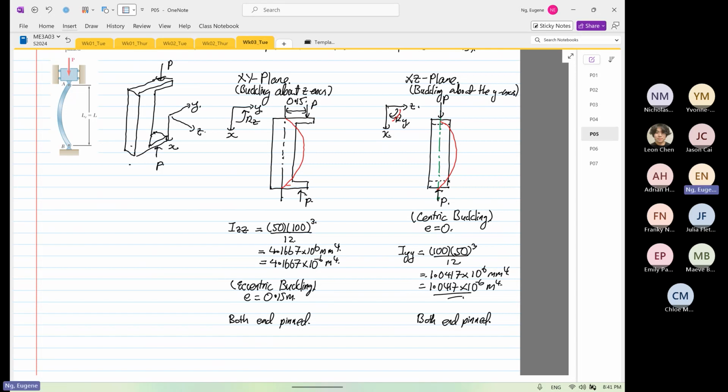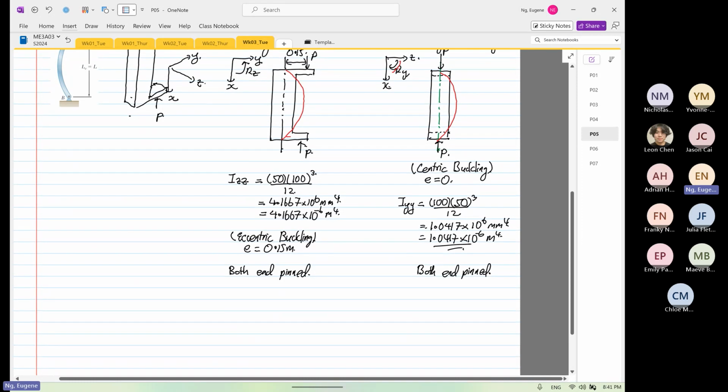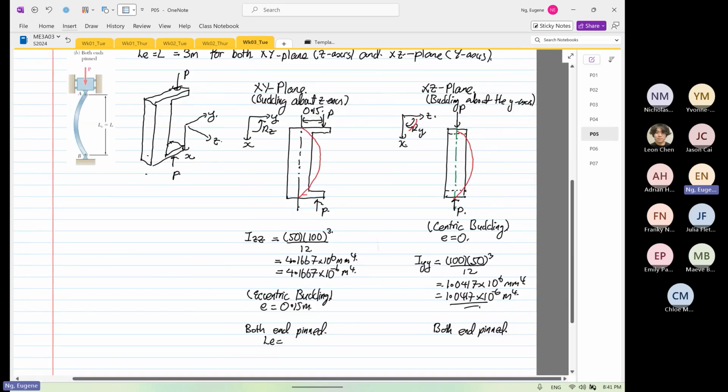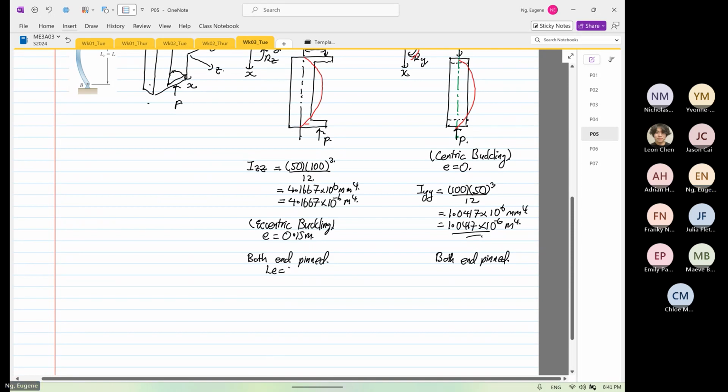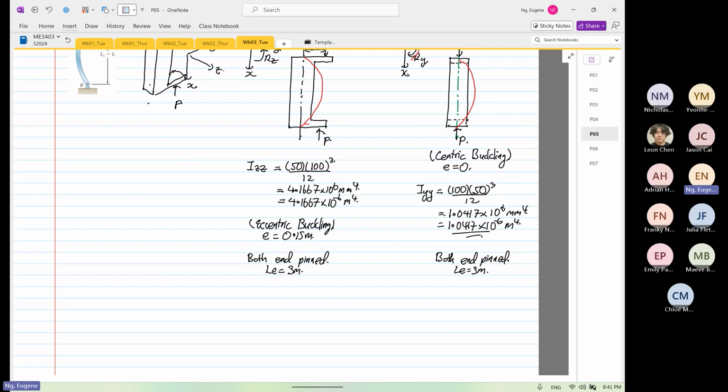So the weaker axis, right? If both ends are pin, LE is equal to what? LE is equal to 3 meters. LE is also equal to what? 3 meters.